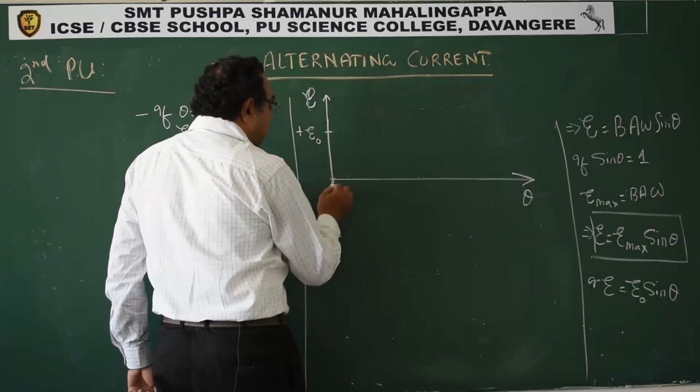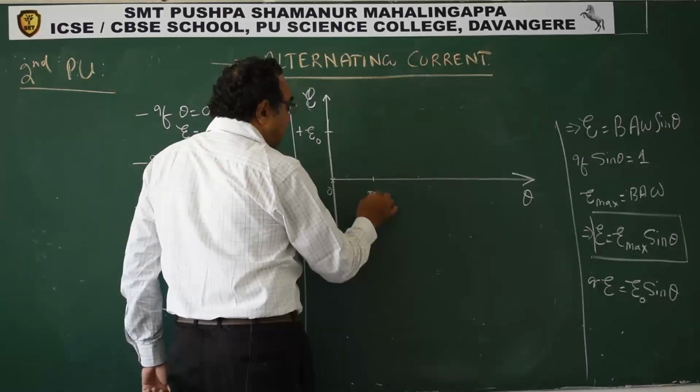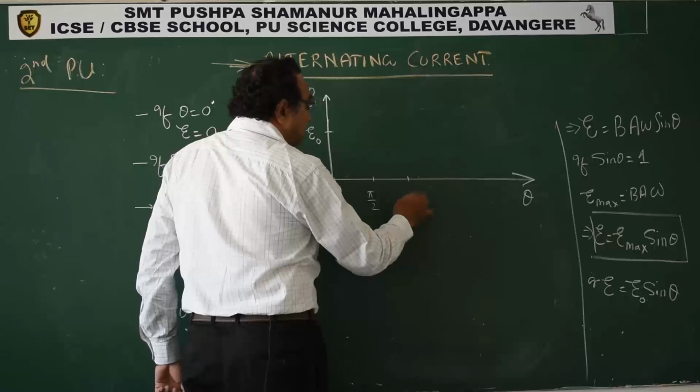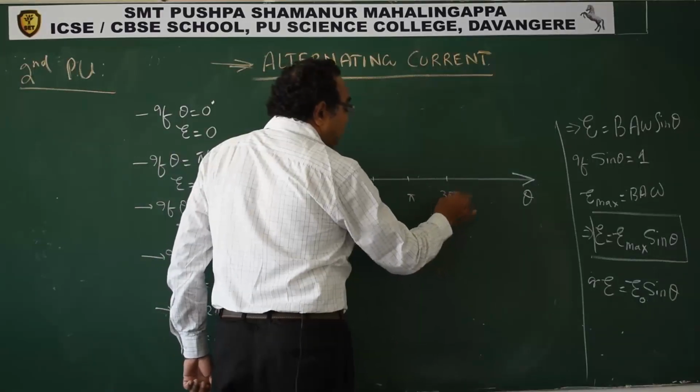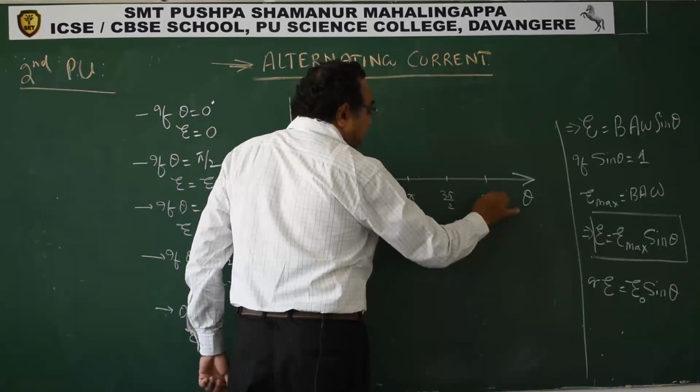Now this is 0. This is pi by 2, pi, 3 pi by 2 and 2 pi.